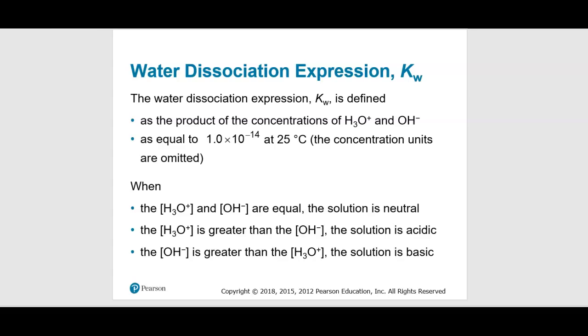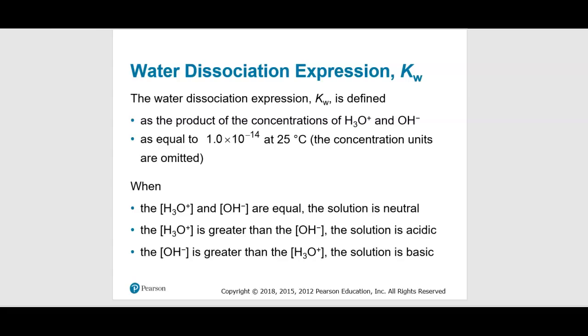This dissociation expression is the product of the concentrations of hydronium ion and hydroxide ion, and it's equal to 1 times 10 to the minus 14th. It's not so much defined as the product of the concentrations, it is the product of the concentrations at 25 degrees Celsius.